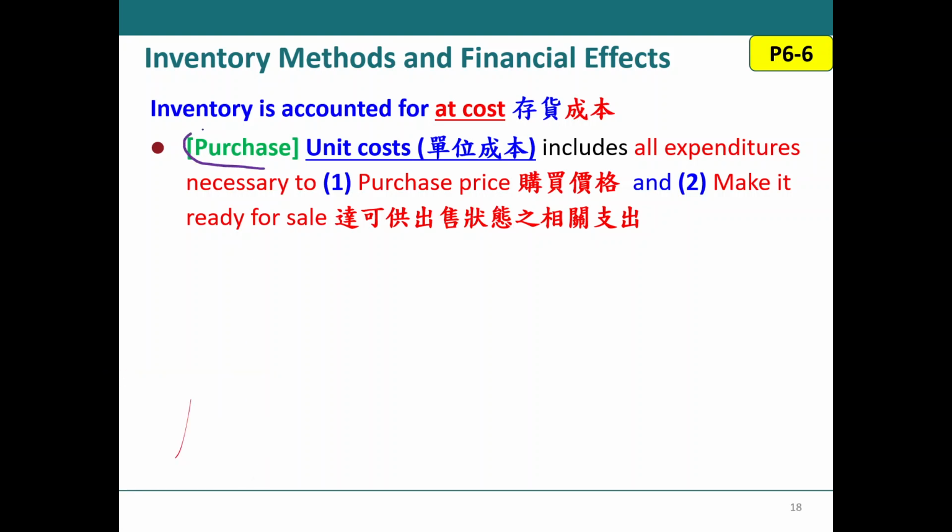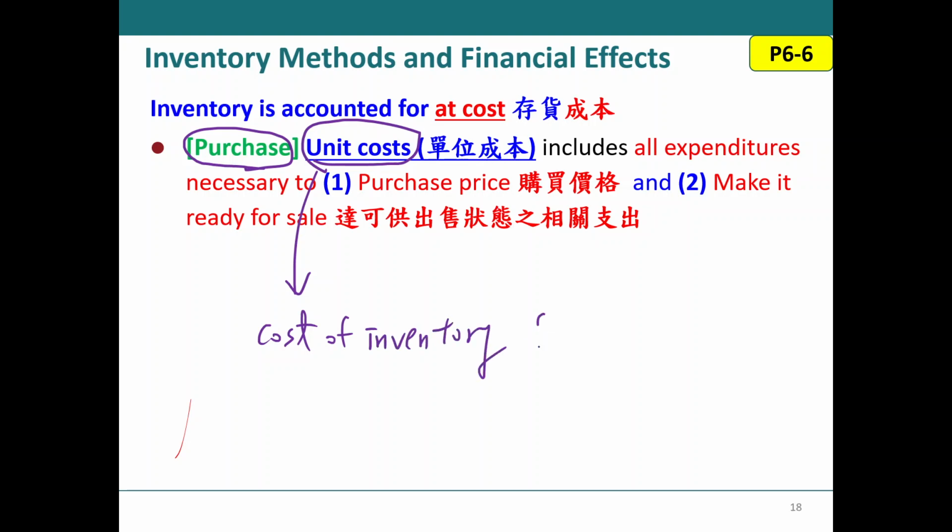Unit cost means the cost of inventory for 1 unit. So what's 1? Purchase price. What's 2? Make it ready for sale, right?